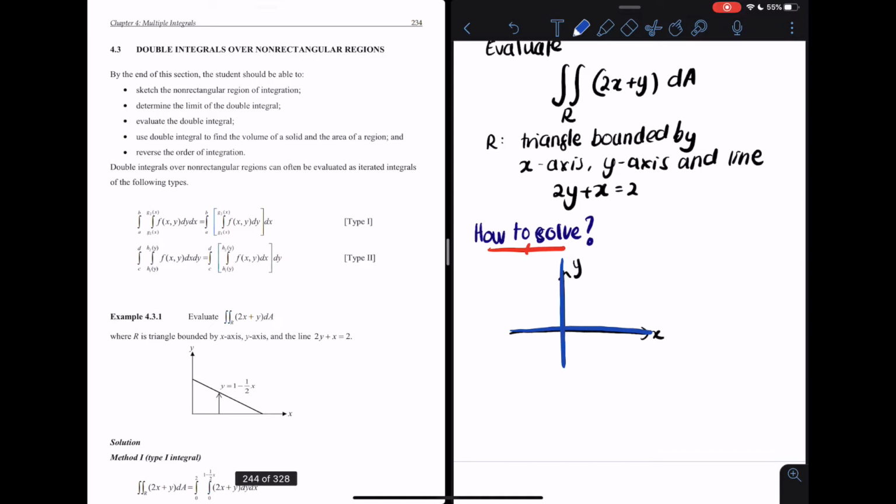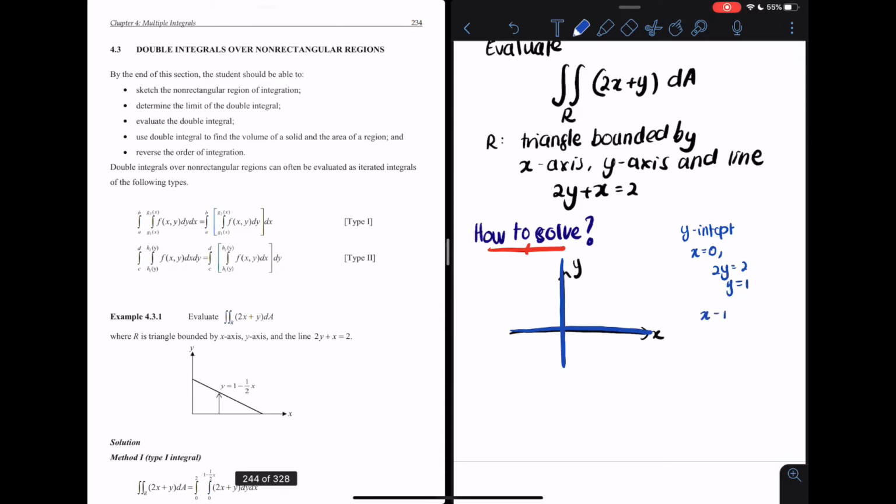Then try to sketch 2y plus x is equal to 2 by simply determining the x and y intercepts. The y-intercept can be obtained by letting x equal 0, then 2y is equal to 2 and y is equal to 1.